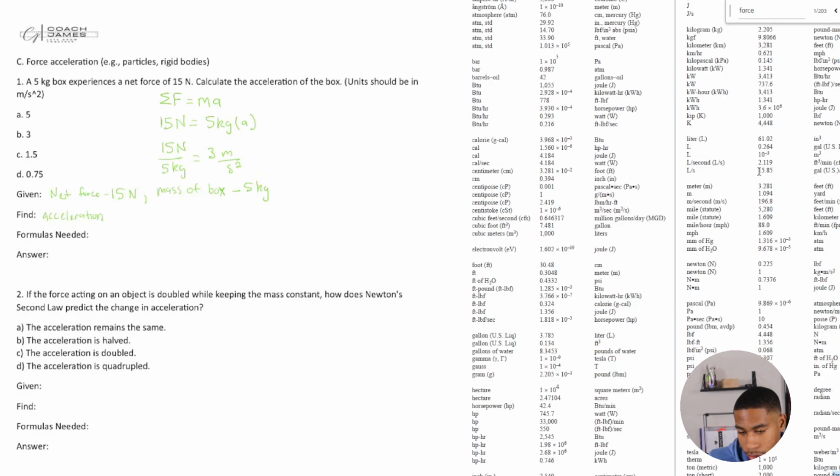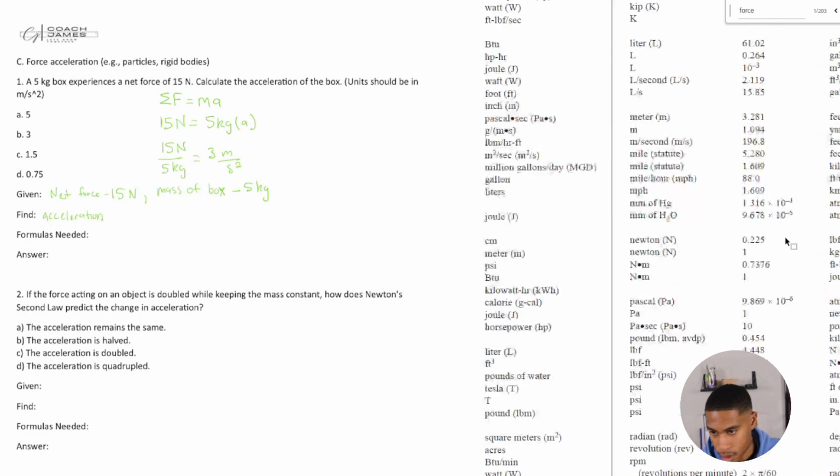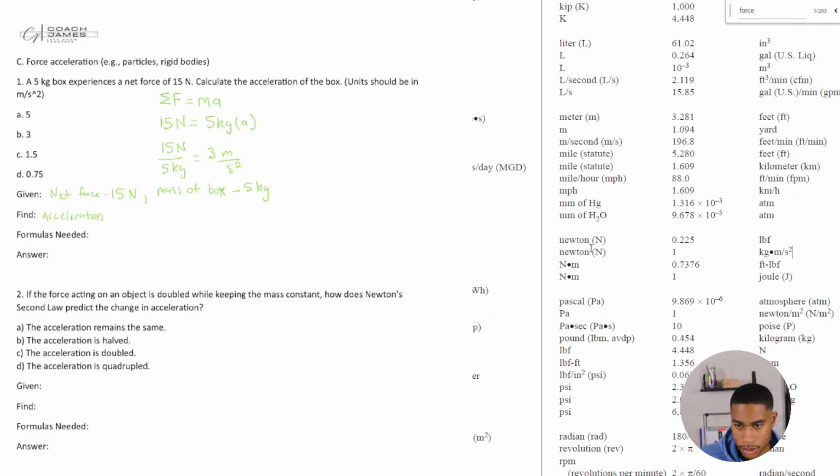All right. So I know that 1 Newton is equal to 1 kilogram times a meter per second squared.